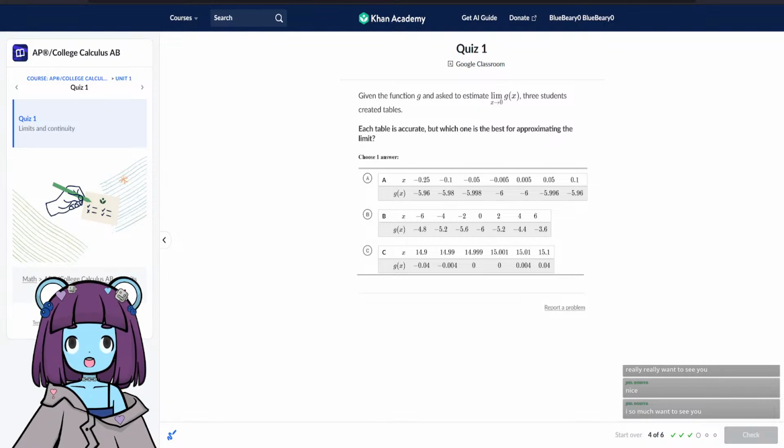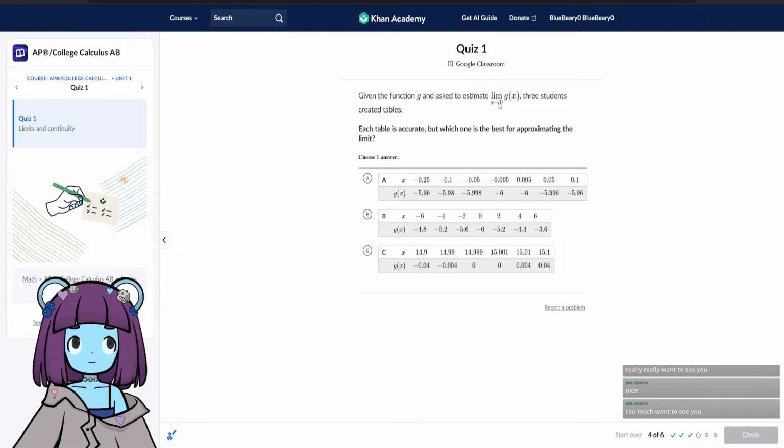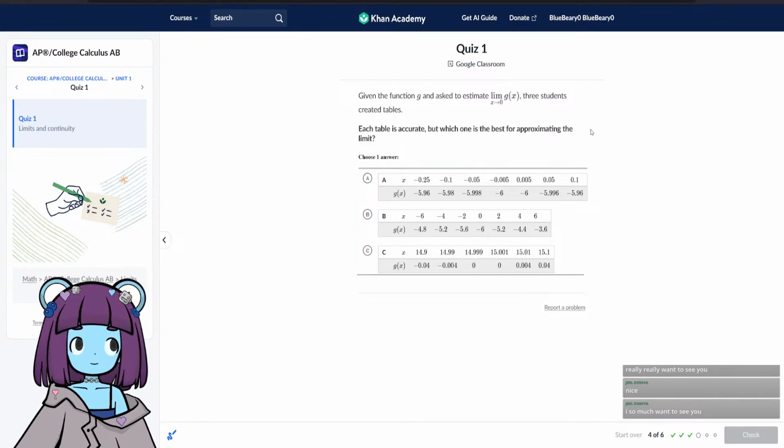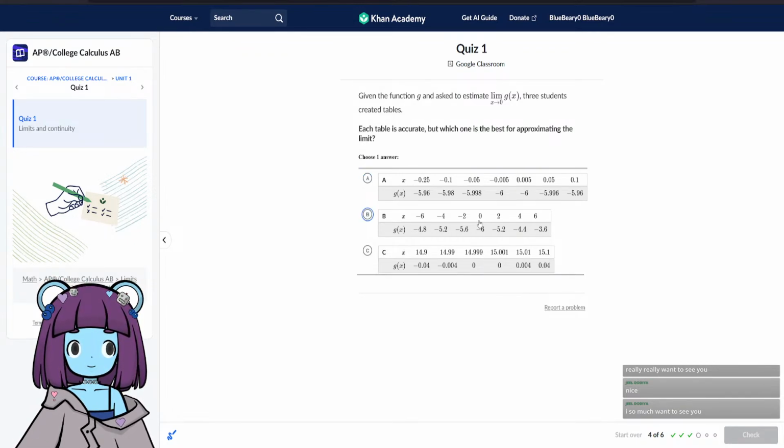Given the function g and asked to estimate the limit of g of x as x approaches 0, 3 students created tables. Each table is accurate. Which one is best for approximating the limit? Let's see. So we find 0. So right here, and this one is out, because 0 is not even in the table.